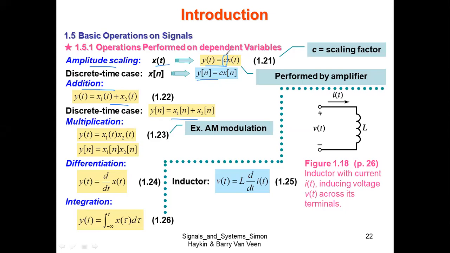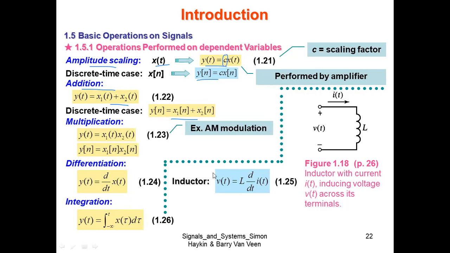What does an amplifier do? Suppose there is an inverting op amp amplifier with a gain of minus 10.